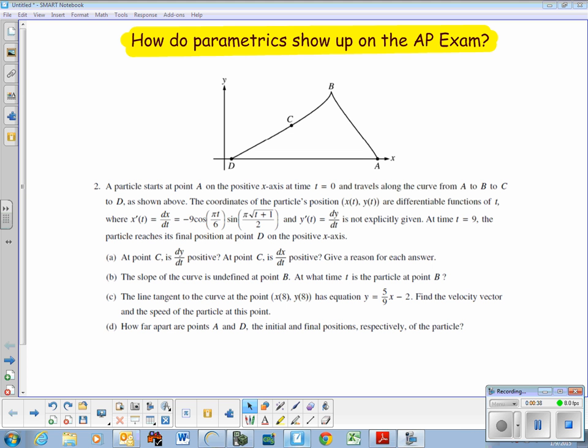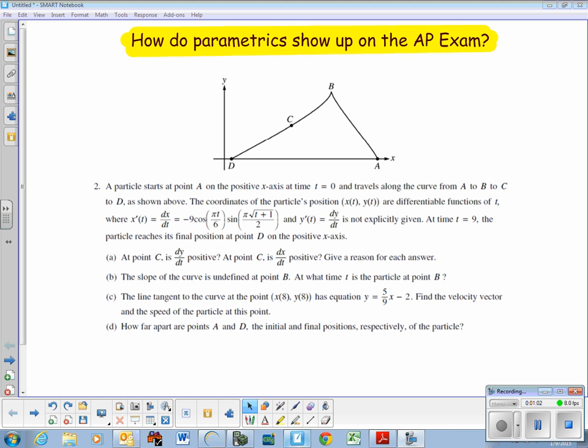So this video is completely dedicated to this question, which came from an old AP exam, but the topic is parametrics. As they do a lot of the times, they use a position, velocity, acceleration situation, but they change it to parametric, meaning we do not have one equation for the position.